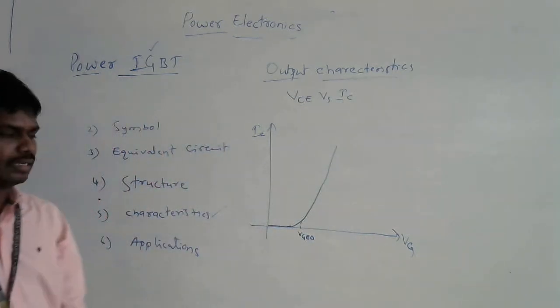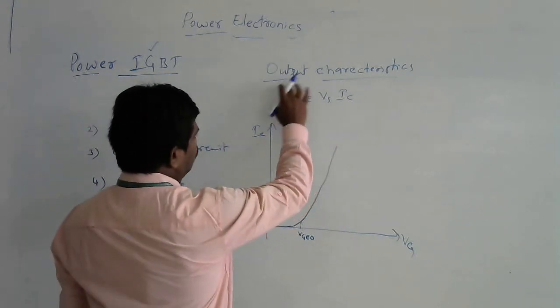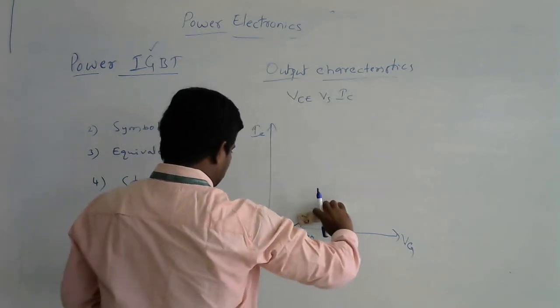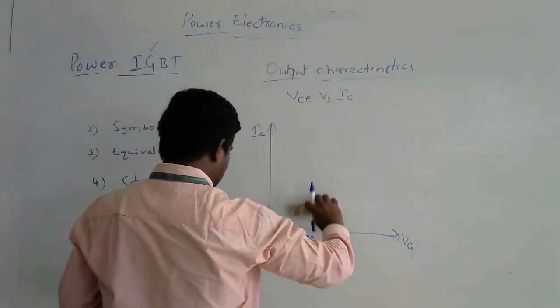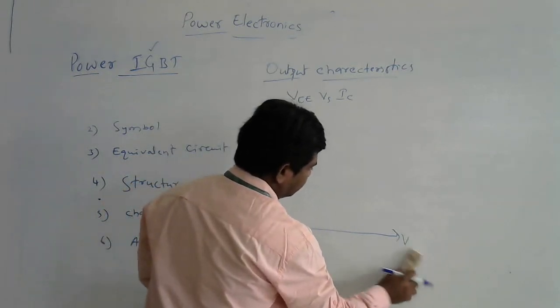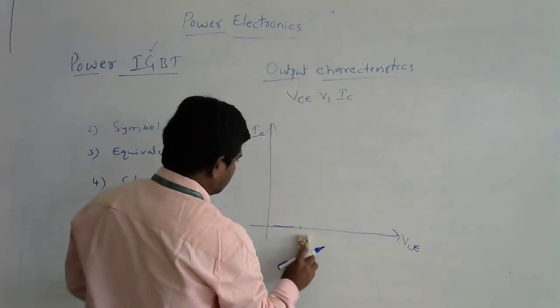They are called output characteristics because this is the output voltage and this is the output current, right? We take the values here. At constant gate voltages, we draw the output characteristics. Here it is VCE.